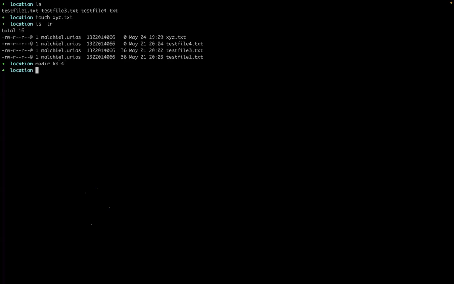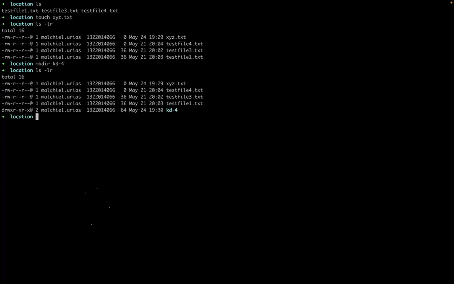Let's create a directory, just quickly so that we can move. Very quickly, when it's a directory, there will be a D at the beginning. When it's just a file, there will be no D there.